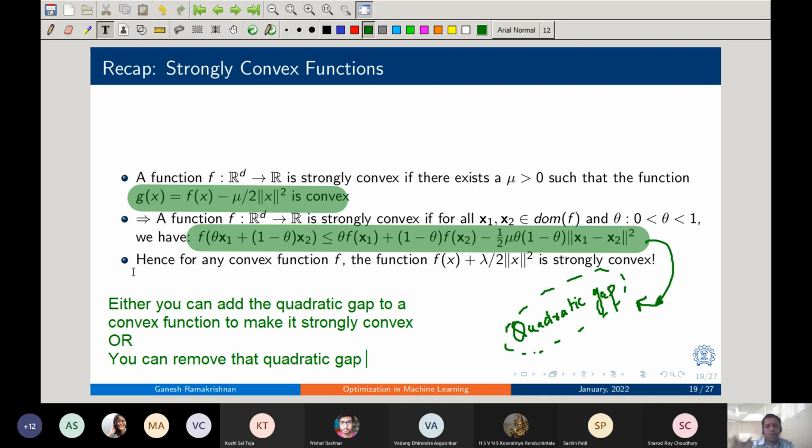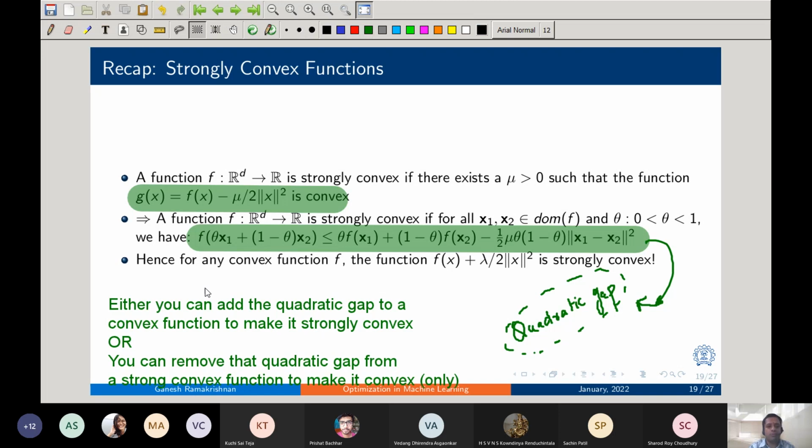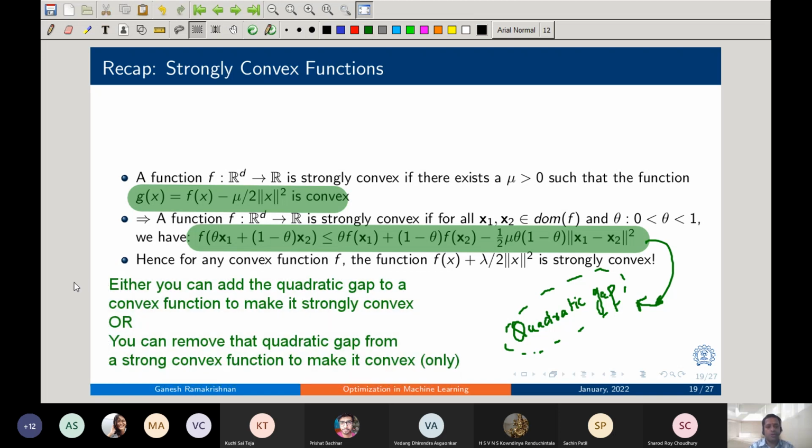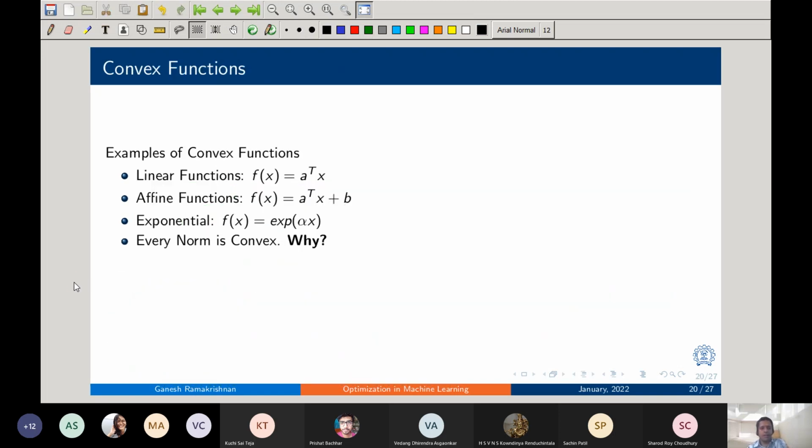The typical notion of strong convexity requires this quadratic function. You can remove this from a strongly convex function to make it only convex. Okay, so far so good, right? And we have also seen how every norm is a convex function.